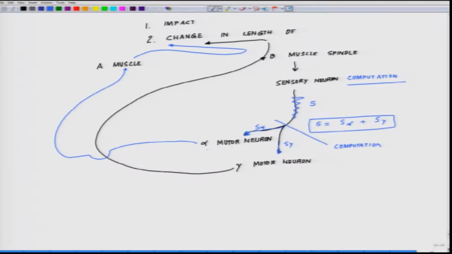Now, whatever the electrical signal which is coded out here, which is traveling along the gamma, exactly knows how much length change has happened in the muscle spindle. This is the third level of computation.